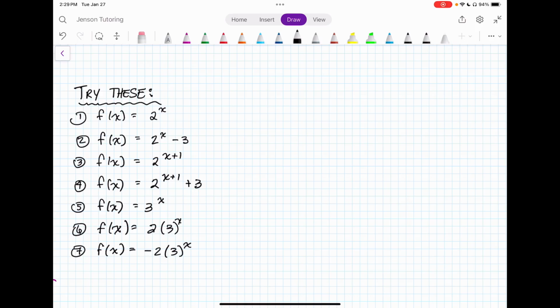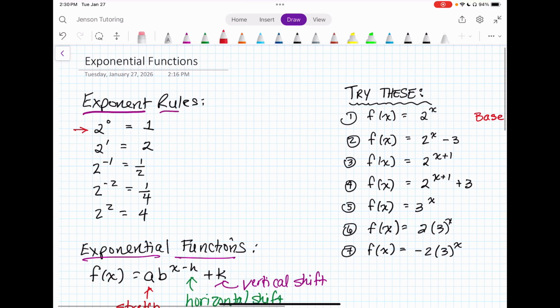So if we look at number 1, this is going to be one of the most basic exponential functions. We have a base of 2, and this function isn't being shifted left or right, it just occurs at the origin. So let's try that and see where we go.